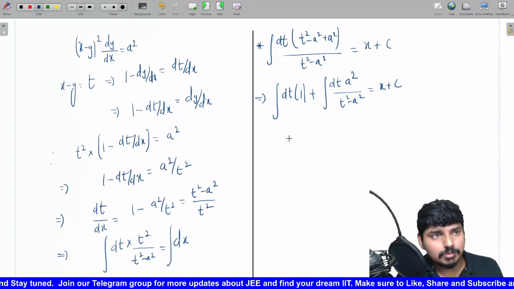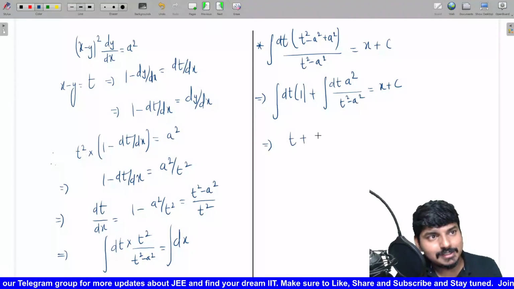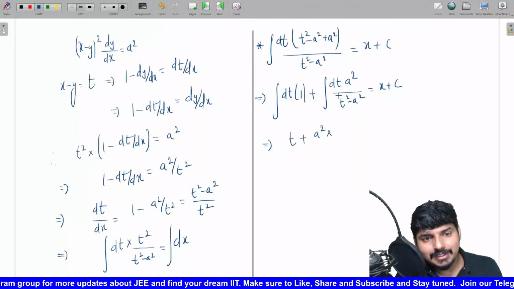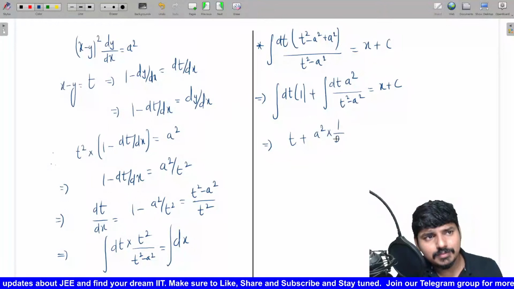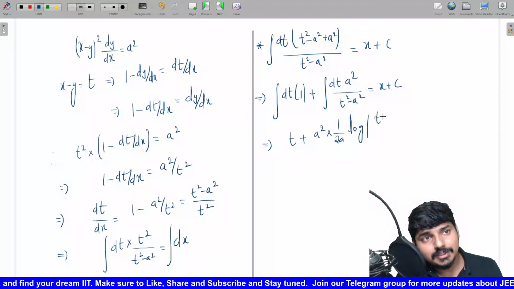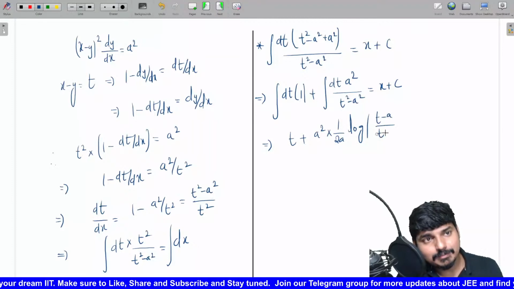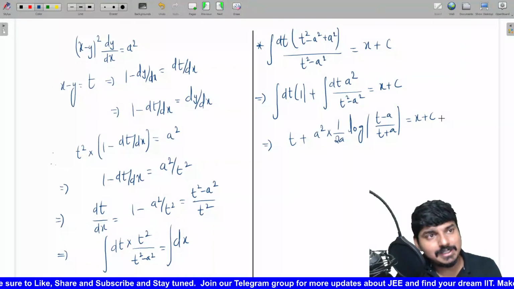Now from here, what is the solution I'm going to get? Integration dt is going to be t, plus a square into integration dt by t square minus a square. For this, the formula will be 1 by 2a log of (t minus a) divided by (t plus a), and that is equal to x plus c, everyone.